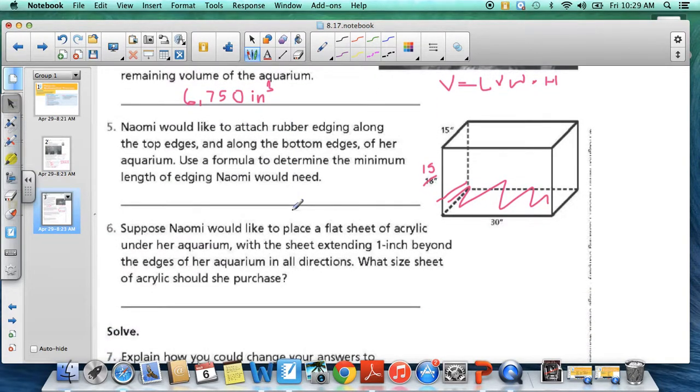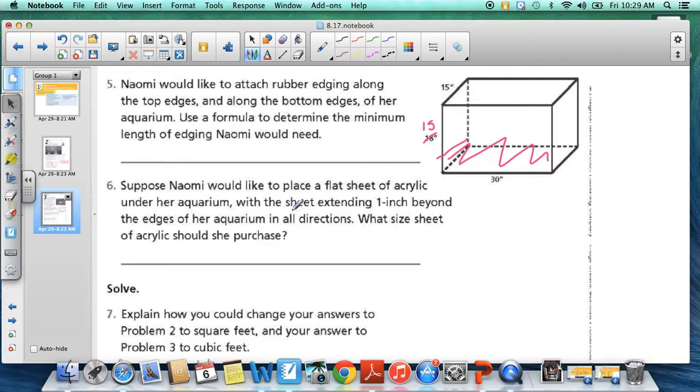Number 5, Naomi would like to attach rubber edging along the top edges and along the bottom edges of her aquarium. Use a formula to determine the minimum length of edging Naomi would need. So, let's see. Pretty much we're just going to be finding the perimeter. Then we're going to multiply it by 2.